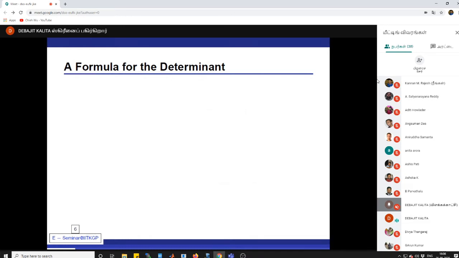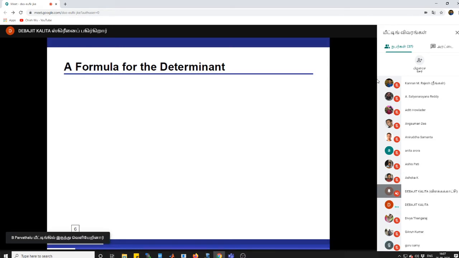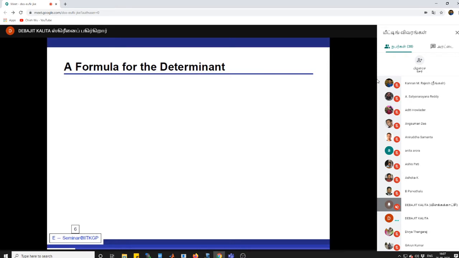So we have the graph G, we have its adjacency matrix A. We have seen some graphs have adjacency matrix singular, some have non-singular. So singularity and non-singularity can be connected with the determinant also. So people thought of whether the determinant of the adjacency matrix of a graph can be described in terms of the graph itself.